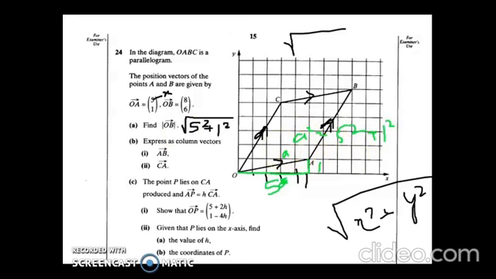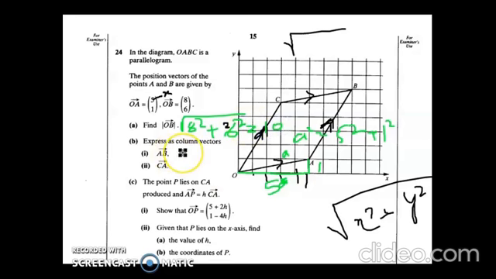Here we need to find for OB. So it will be under root 8 square plus 6 square. 8 square is 64. 64 plus 36 gives me 100, and under root 100 is 10.